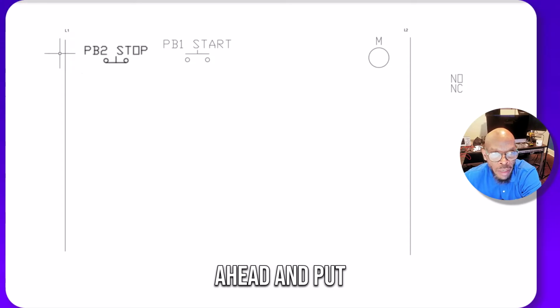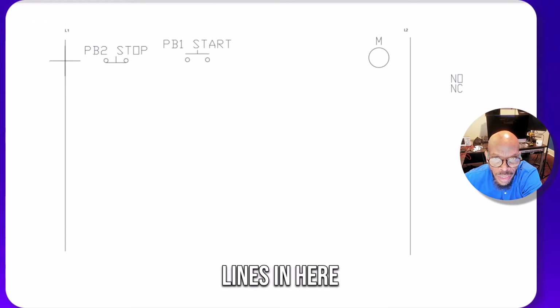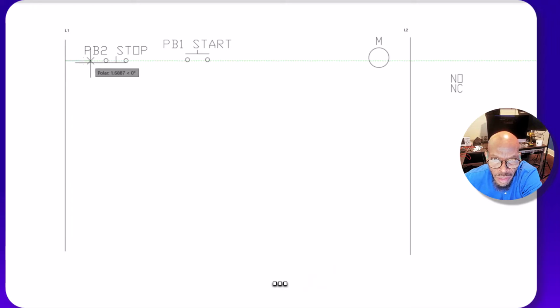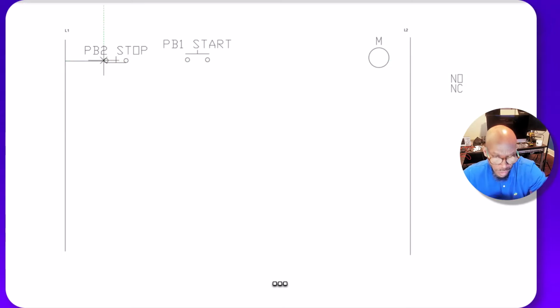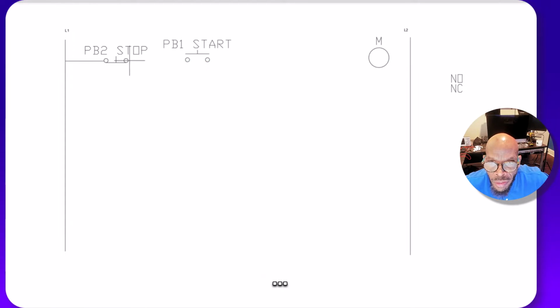So let's go ahead and put our lines in here. We'll put our lines in here. I'm going to go here. We got one here. And we're going to go here.